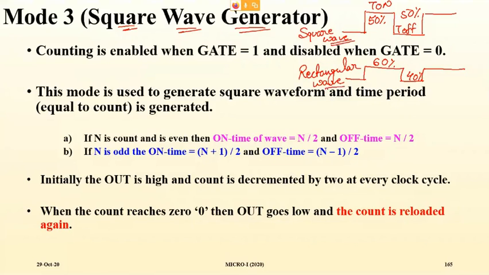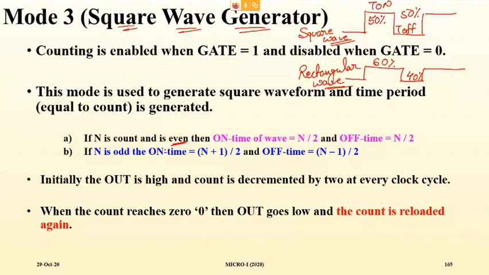Now the question is, what kind of counts can be loaded and how this particular IC 8254 behaves in mode 3. If you are loading an even number, it is clear that you divide it by 2 and half of the time you keep it on and half of the time you keep it off.